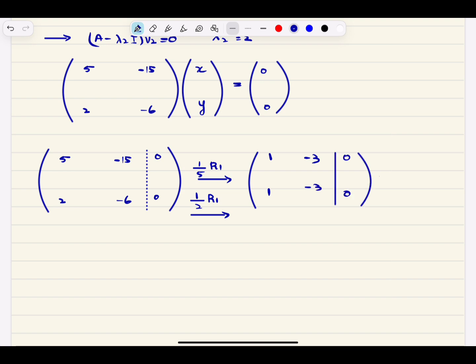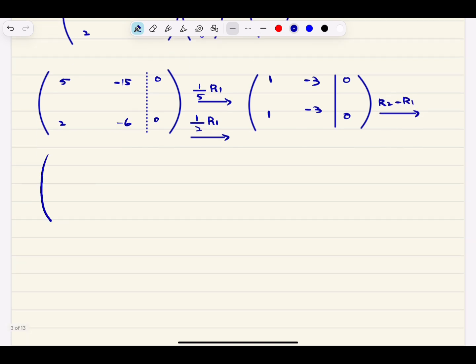And now when I do row 2 minus row 1, I'll be left with again an all 0 row, which indicates infinitely many solutions.